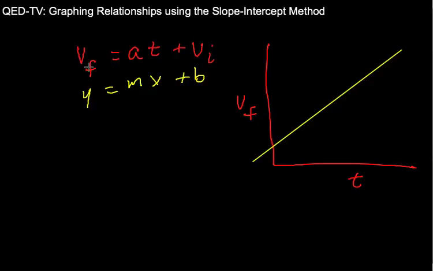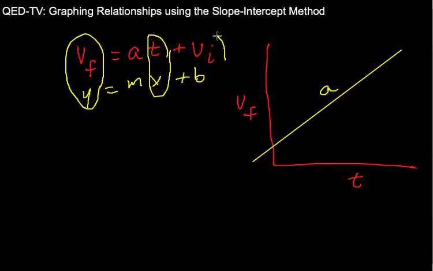Pretty exciting. So if I graph vf on my y, which I did, and I graph time on my x, which I did, then my slope should be acceleration, right? This is a uniform acceleration equation, so my acceleration should stay constant. The slope of this line would be acceleration, and my y-intercept is an initial velocity.